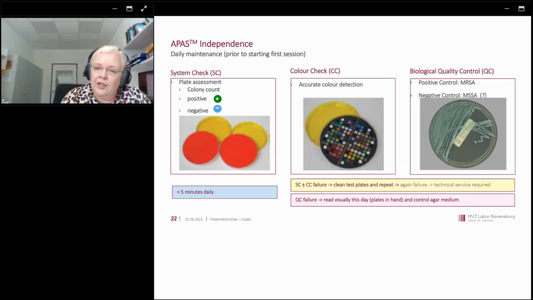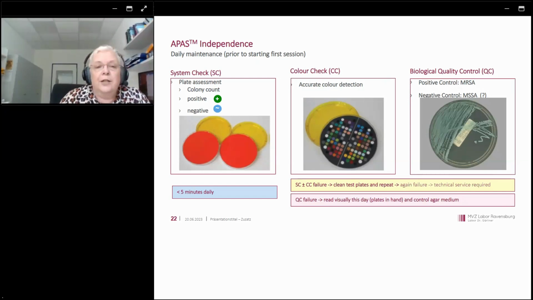So if the color check or the quality control doesn't work, so the EPIS is not safely identifying an MRSA as an MRSA, on this day you have to check all the plates manually and then check what the problem is, and most often it's not a problem of the EPIS system, it's a problem of the chromogenic medium.